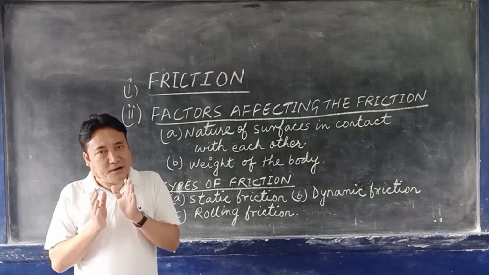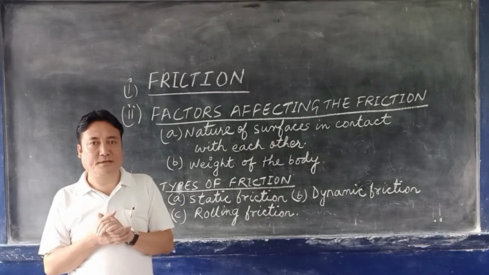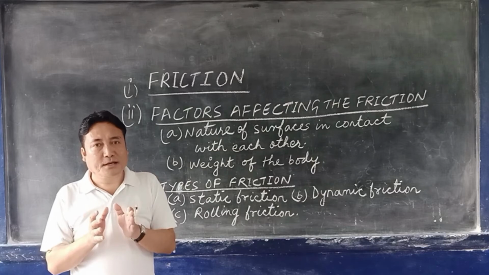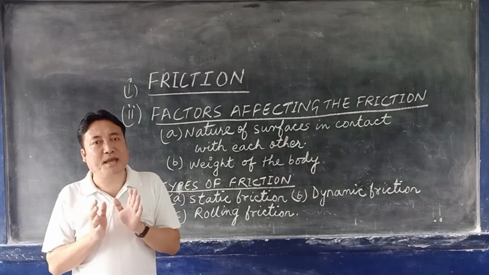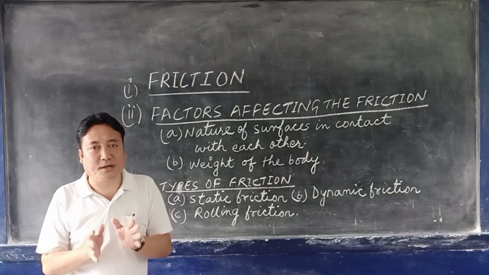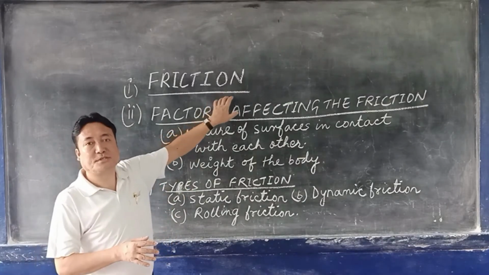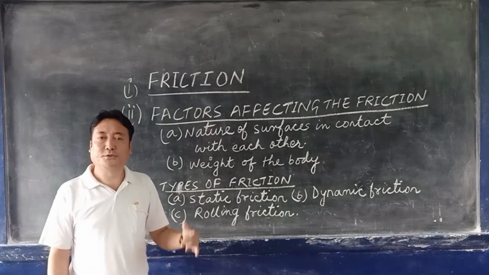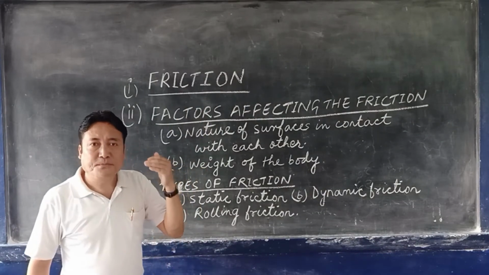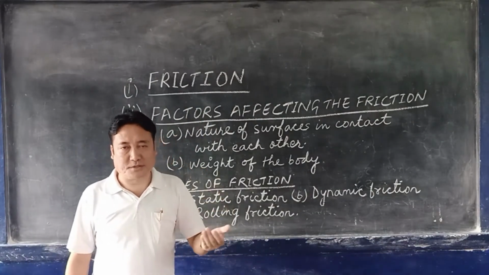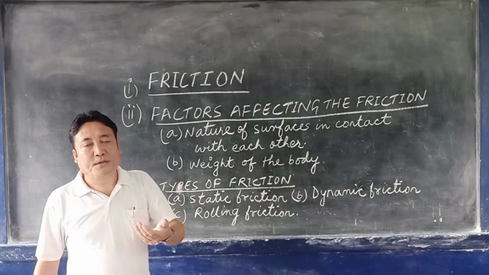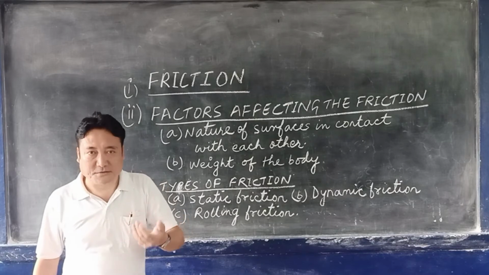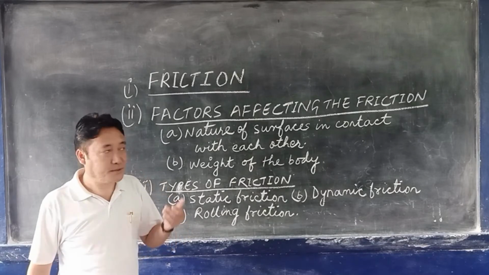When there is contact between two surfaces, some opposing force is exerted there, and we call that a frictional force, or simply friction. So the term friction means an opposing force which reduces the motion of a body or an object. That is about friction.